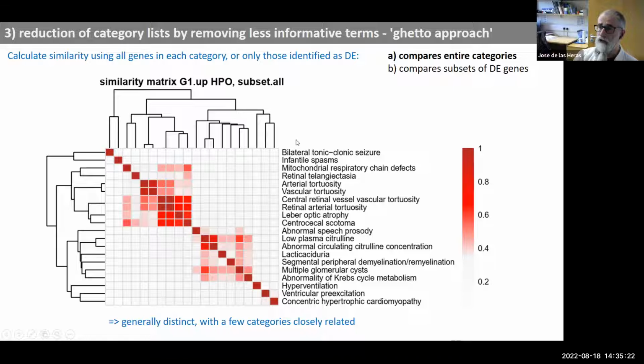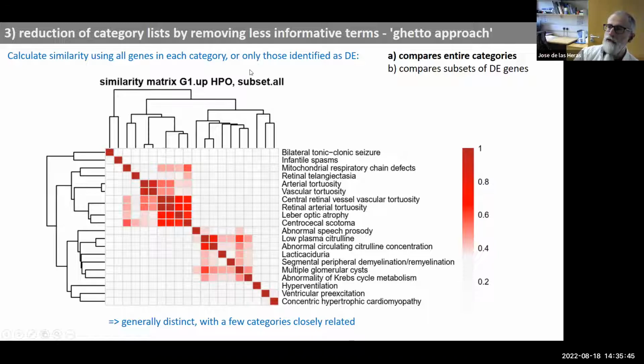If I use every gene that was included in each category, I get this map. I can see that generally they're all distinct enough, but there are a few that have a lot in common. And when you look at this, you can see, okay, this seems to be related to mitochondria, that's related to mitochondria, that could be mitochondria too.